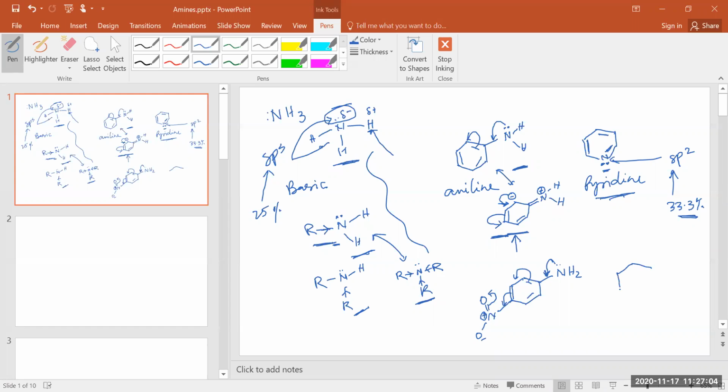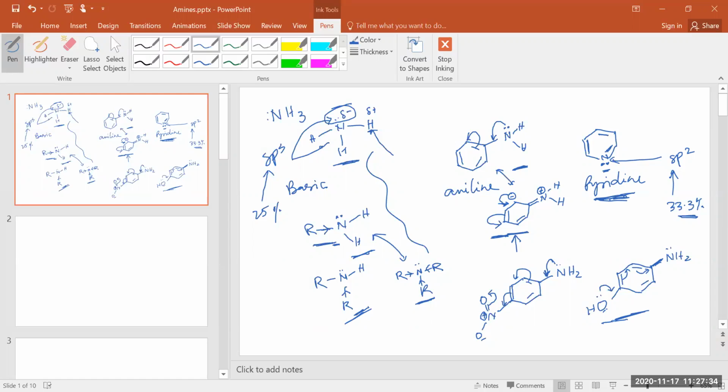Similarly, electron donating groups will increase the basicity. Here, electron donating groups like OH will increase the electron density here, so that will make this more basic. But the electron donating group cannot make it a stronger base than the pyridines or the aliphatic amines.